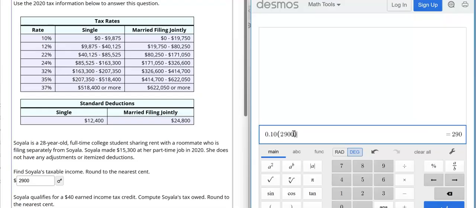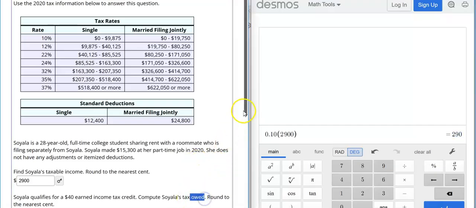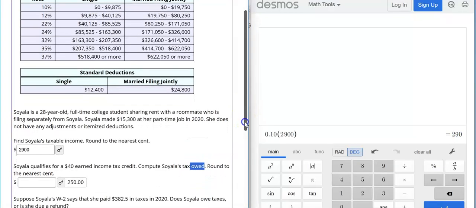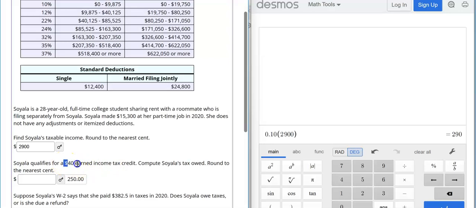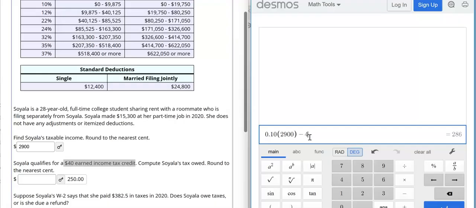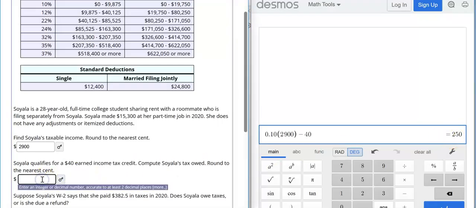So she has to pay only $290 in taxes to the government. That's the tax owed. But she will get a $40 credit, so you subtract $40 directly from the tax owed. She gets $250. So $250 is the tax owed actually.